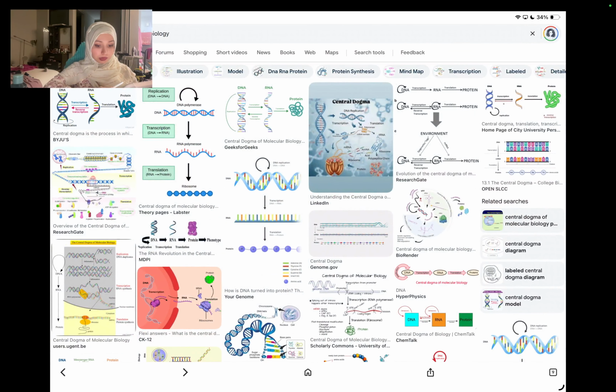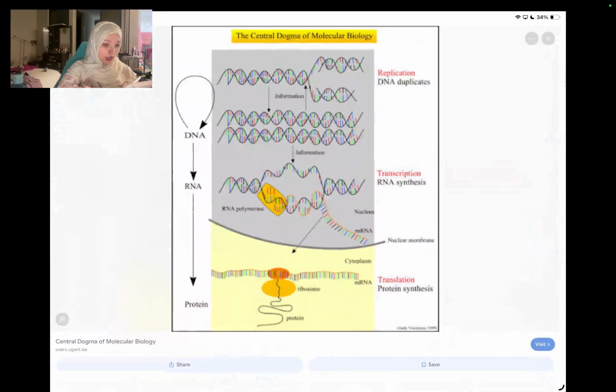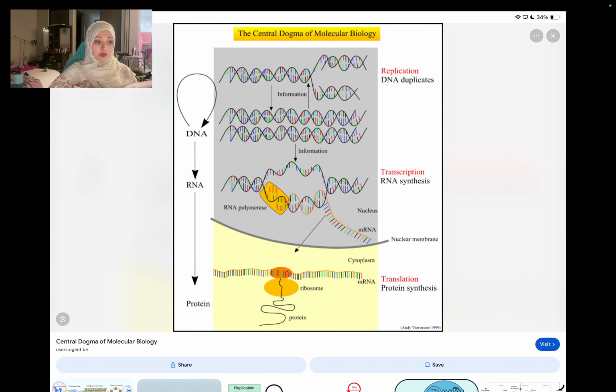And I just want to see if we have a more detailed one. Okay, you see here, first we have replication. This is a more detailed picture. First we have replication, where DNA duplicates itself. You see we have two DNAs from one, semi-conservative, right? And then you can see here the strands separate and we form a Y structure. And all of the enzymes that we have discussed, like helicase, ligase, and so on, they are all here.